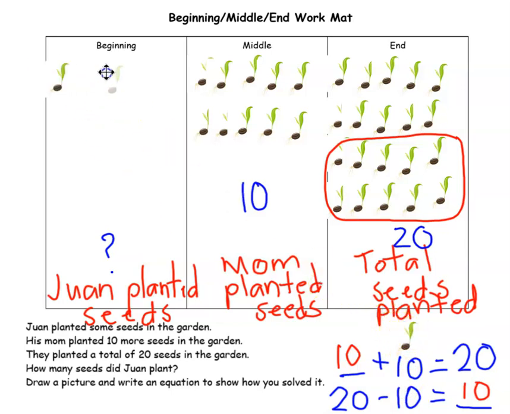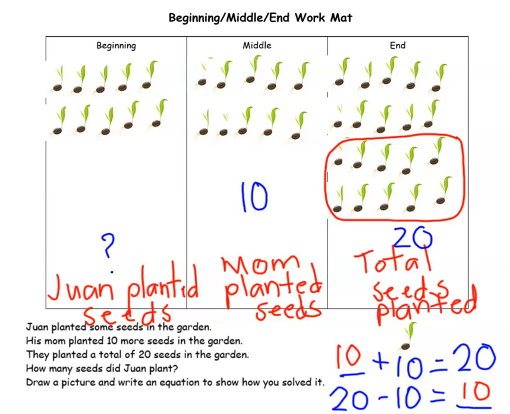1, 2, 3, 4, 5, 6, 7, 8, 9, 10. So in the beginning, Juan planted some seeds.